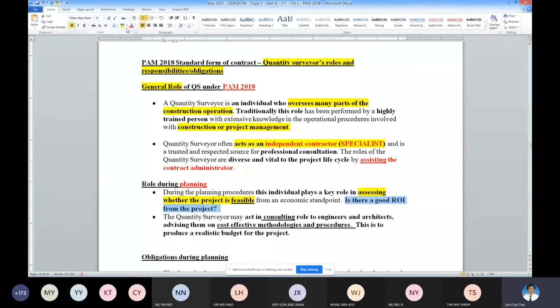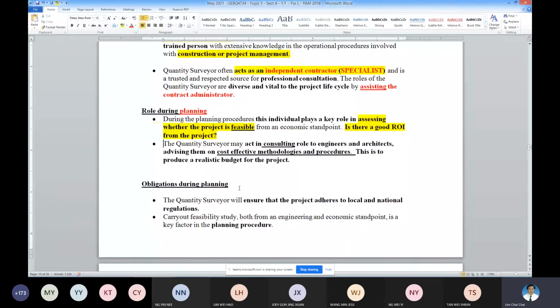If not, then the project is not feasible. Sometimes the QS acts in a consulting role to the engineers and architect, and helps them in terms of costing their design, to produce a realistic budget. So these are the key roles of the QS during the planning stage.